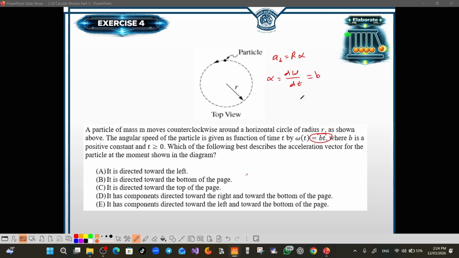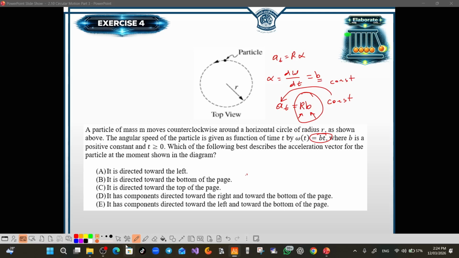So it's going to be b, which is constant. Now plug in b here, and the tangential acceleration will be r times b. R is constant, b is constant, so the whole term is constant, which means the at is constant as well. And it's going to be in the positive direction because the sign here is positive.